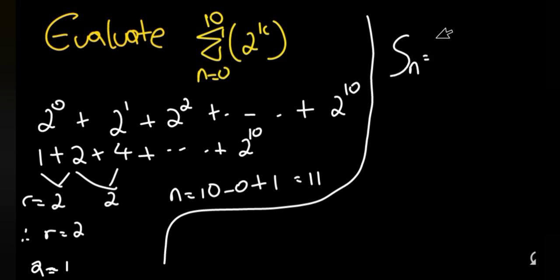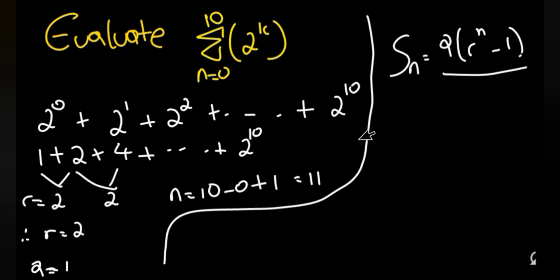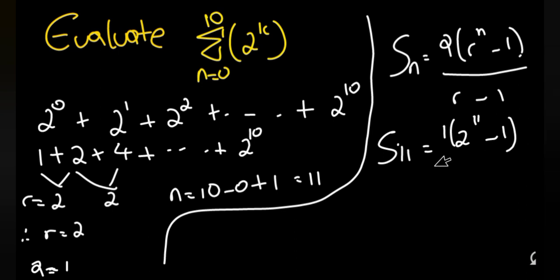Sn is equal to a times r to the power of n minus 1, divided by r minus 1. n is the number of terms in the series, so we have 11 terms. a is our first term, which is 1, and r is the ratio of the series, which is 2. So it is 2 to the power of 11 minus 1, all over 2 minus 1.